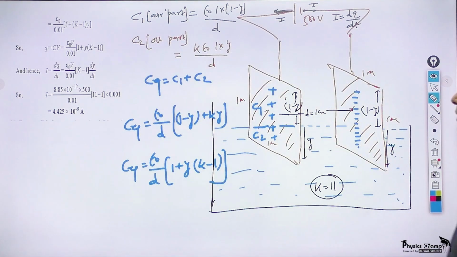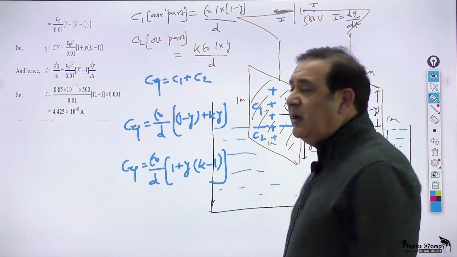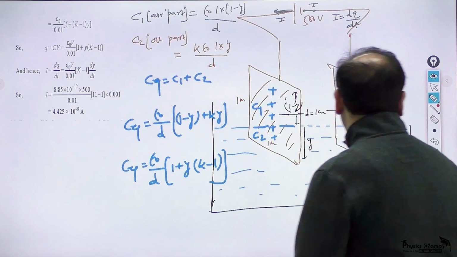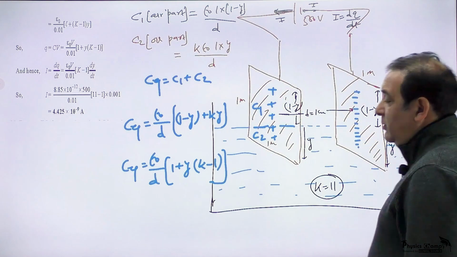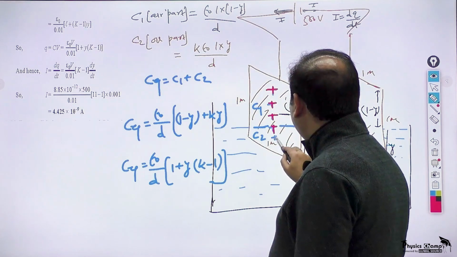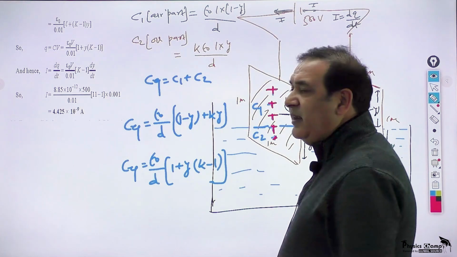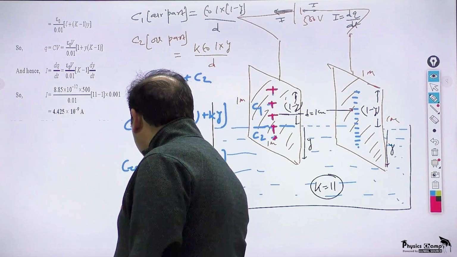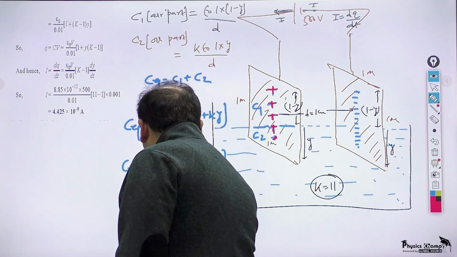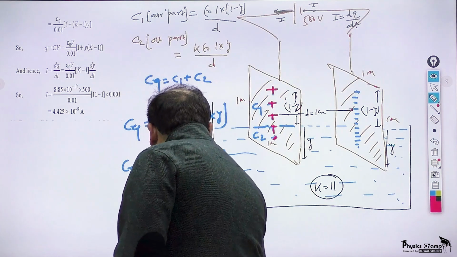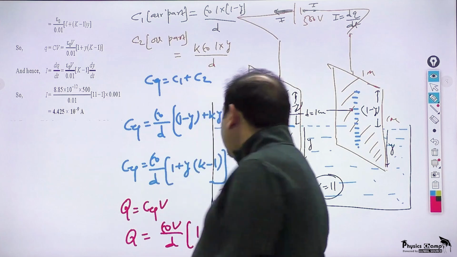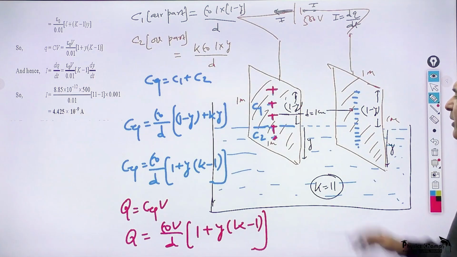This gives you the equivalent capacitance at any intermediate stage. And then, what will be the charge? The instantaneous charge will be C equivalent into V, so it will be epsilon naught V by d into 1 plus y into k minus 1. This is the instantaneous charge on the plates of the capacitor.